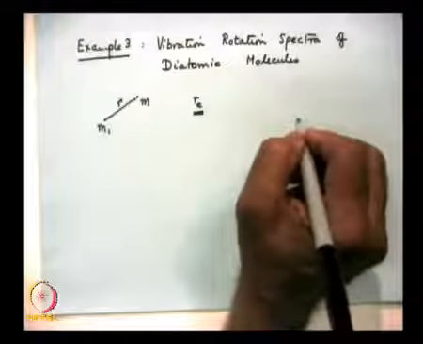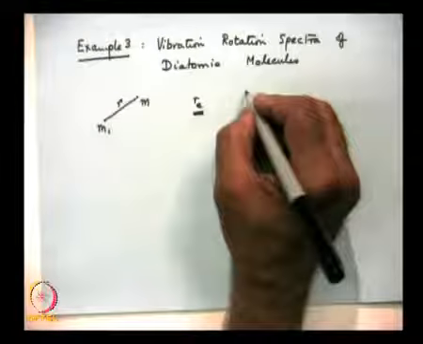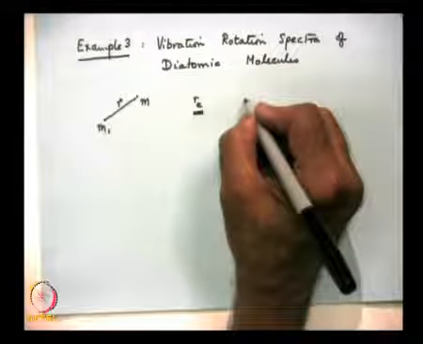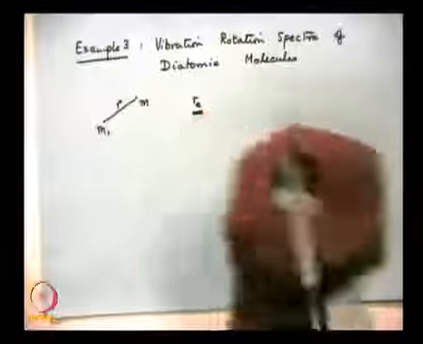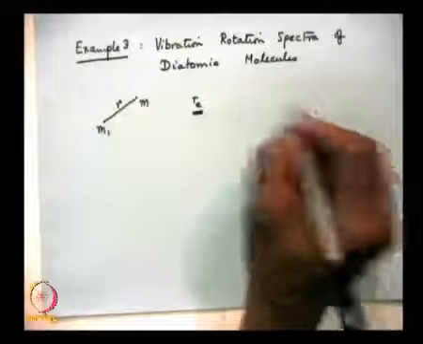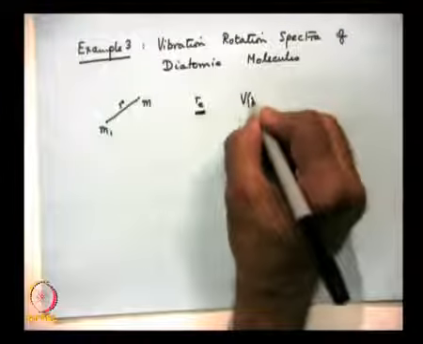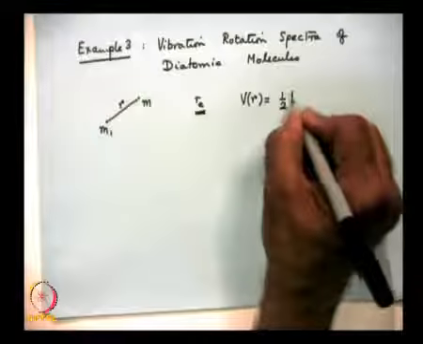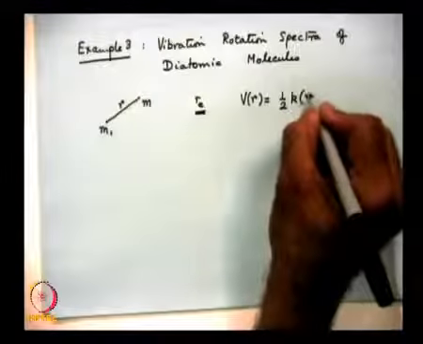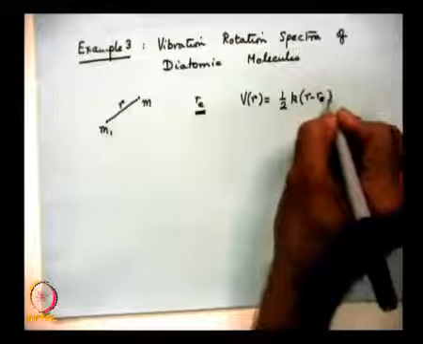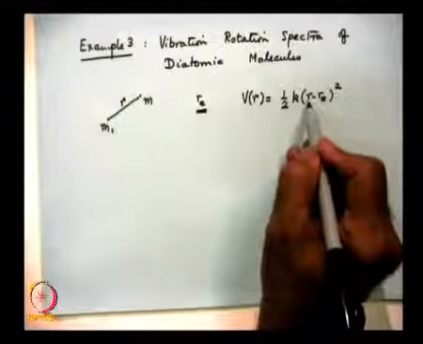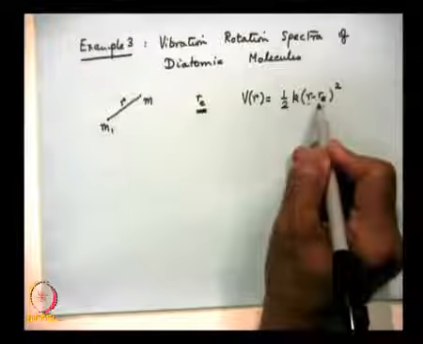Such a Hooke's law type of force, in which the force is proportional to the displacement from the equilibrium separation, is described, like in a harmonic oscillator, by a potential energy distribution which is half k (r minus Re) whole square. If the distance between the two atoms is Re, then this is 0.